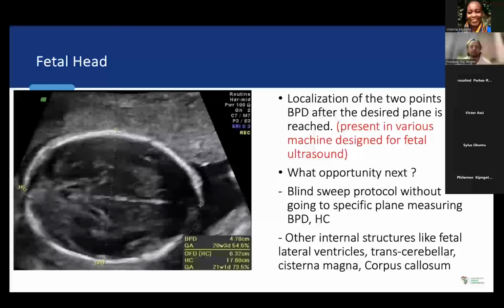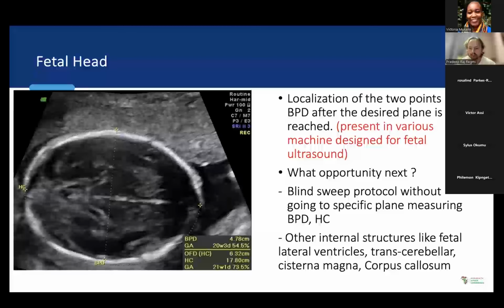So internal structure can also be trained so that it can detect normal or abnormal. In the fetal head, measurement is already there in lots of machines, but we can create a model to get into the internal structure of the brain, like lateral ventricles, cerebellar diameter, cisterna magna, or corpus callosum.